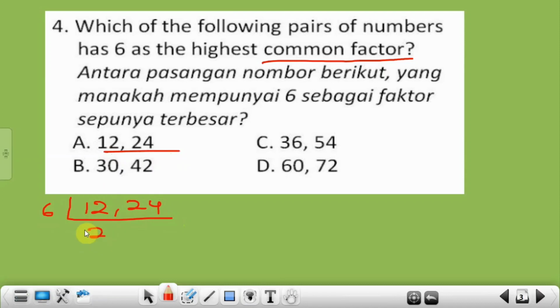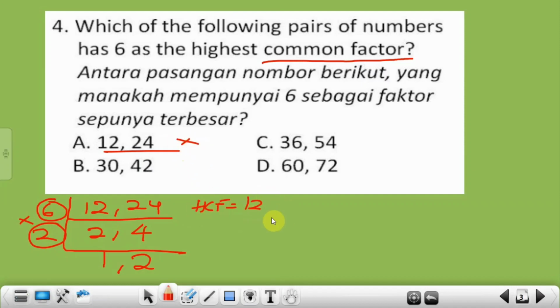So this becomes 6 times 2 is 12, 6 times 4 is 24. Now you can see here, you can further divide it by 2. 2 times 1 is 2 and 2 times 2 is 4. Now you cannot further divide it. So the highest common factor, HCF, is 6 times 2, so it's 12. So it's not 6. So this is not the pair we are searching for.